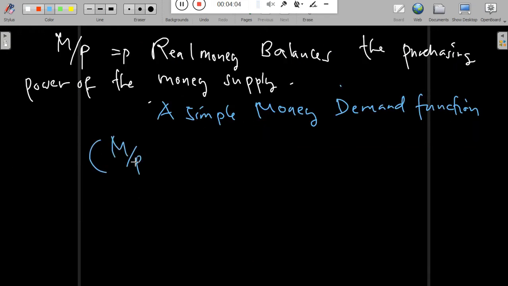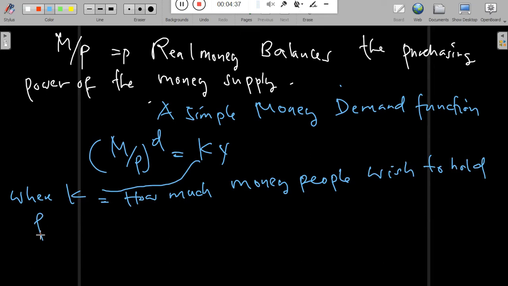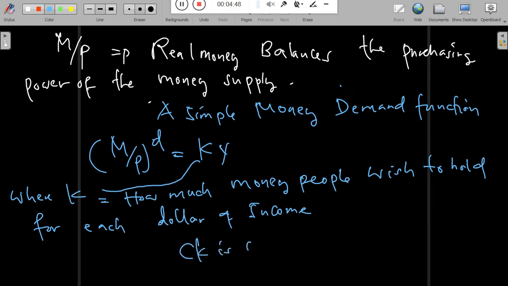In economics, money demand is given by real money balances, the purchasing power of the money supply. A simple money demand function is given by kY, whereby k represents the capital and Y represents the output. So k represents how much money people wish to hold for each dollar of income, and k is an exogenous variable.